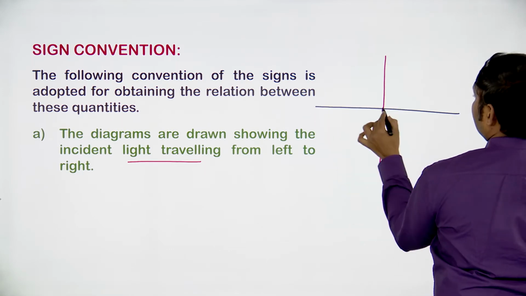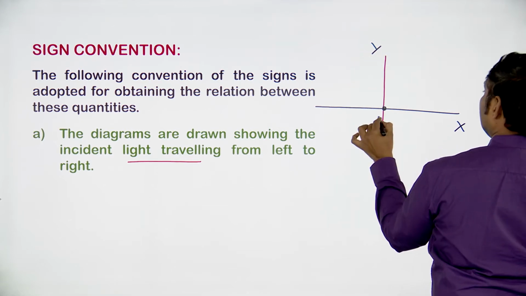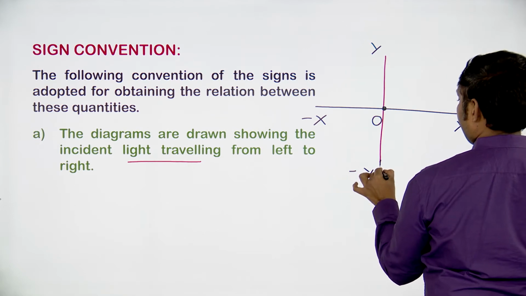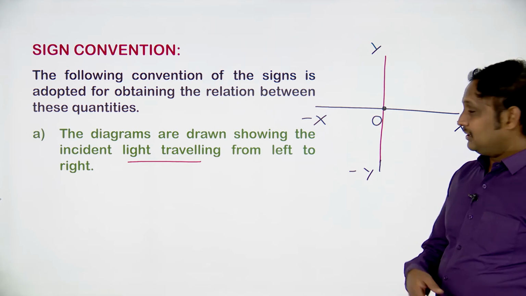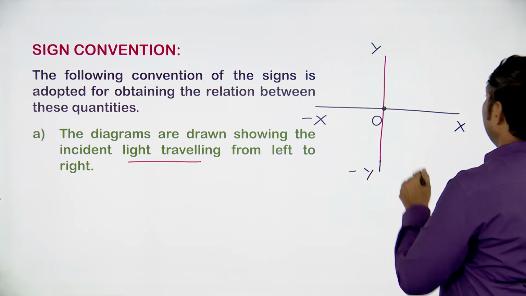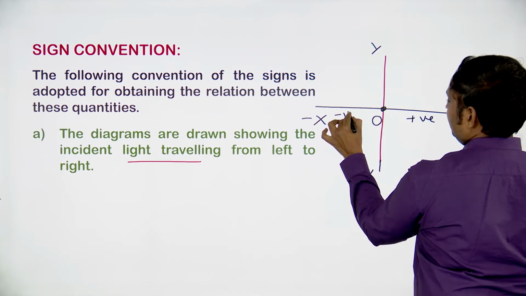Yeah, we are going to get that vertical. So this is going to be the x and this is going to be, let's assume, the origin. While you are measuring that horizontal distance, these are all going to be positive, these are all going to be negative.